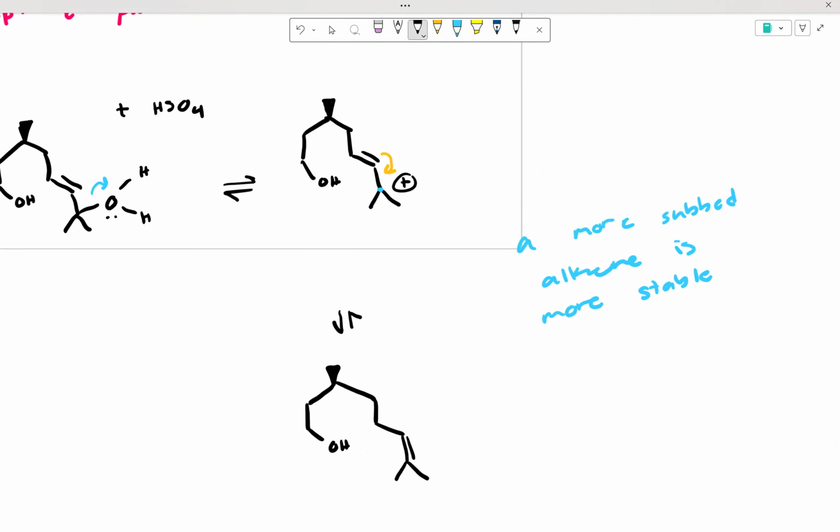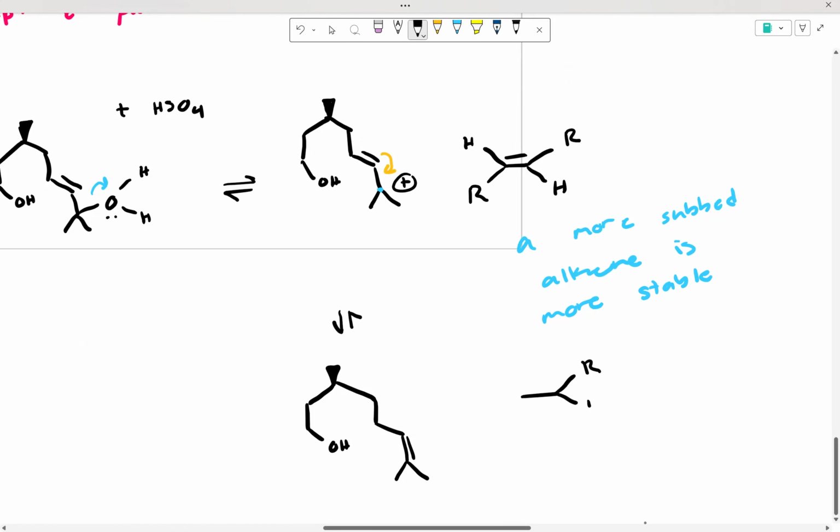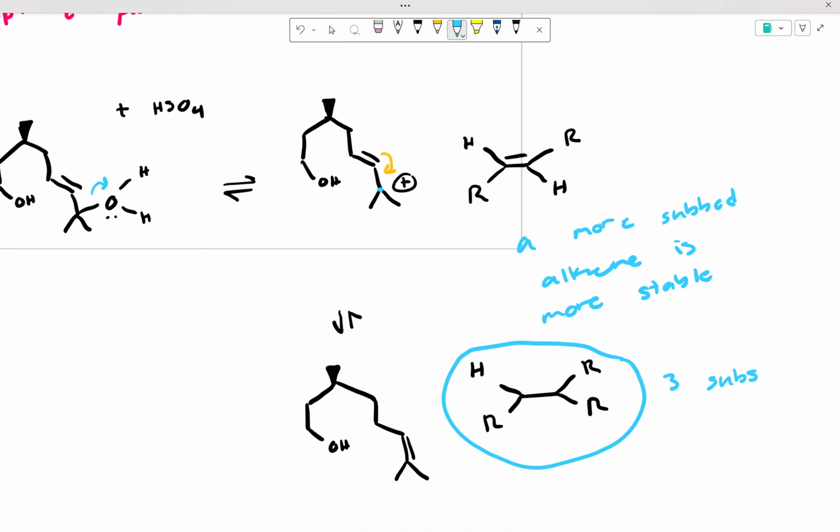In the top depiction, this is how our alkene looks. In the bottom depiction, this is how our alkene looks. Which one is more stable? The bottom one is more stable because it has three subs, which is the three R groups, and the top one only has two subs. So this one is more stable.